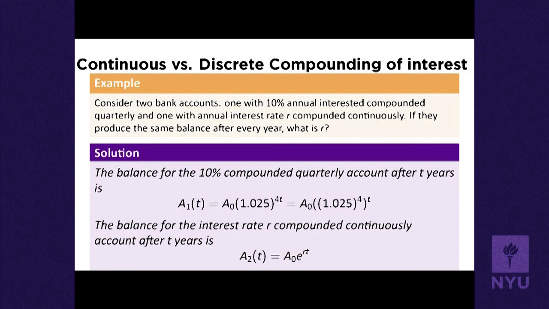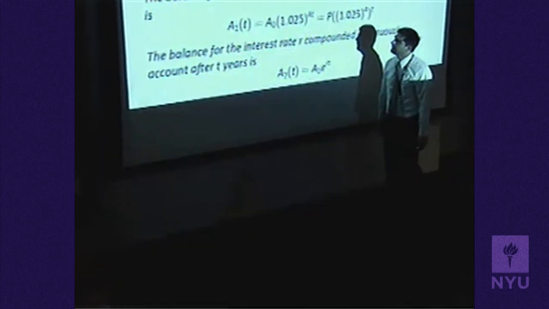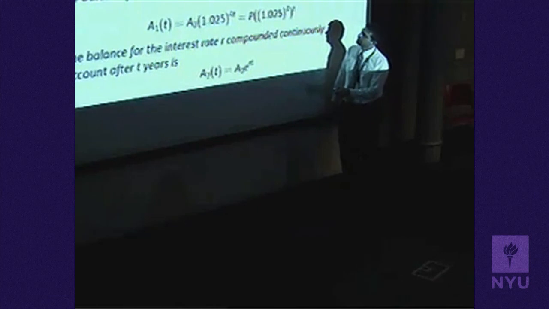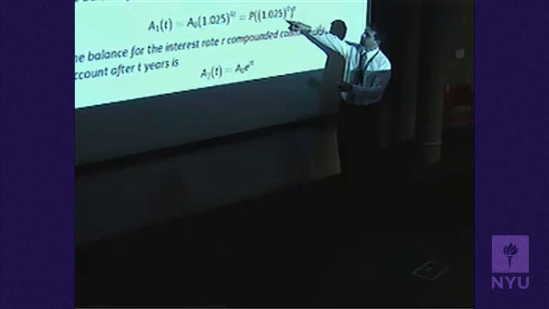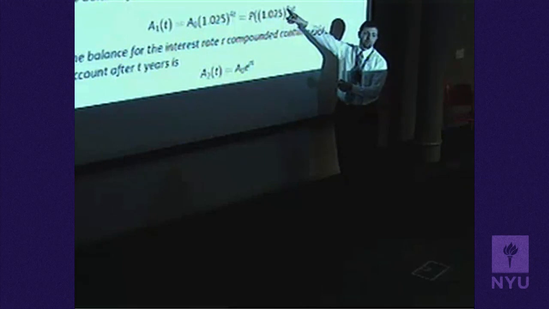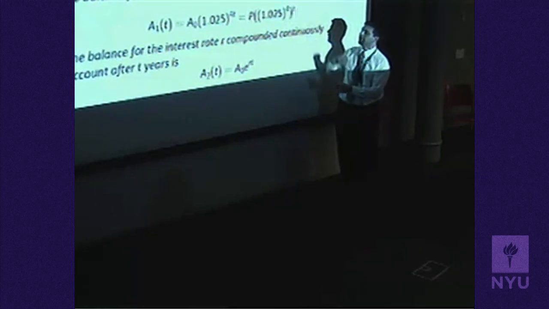Okay. So if one bank account has quarterly compounded interest, then after t years, you have your initial balance A0, which I for some reason renamed to P, times 1.025 to the fourth power to the t power. This is 1 plus 2.5% compounded 4 times each year.